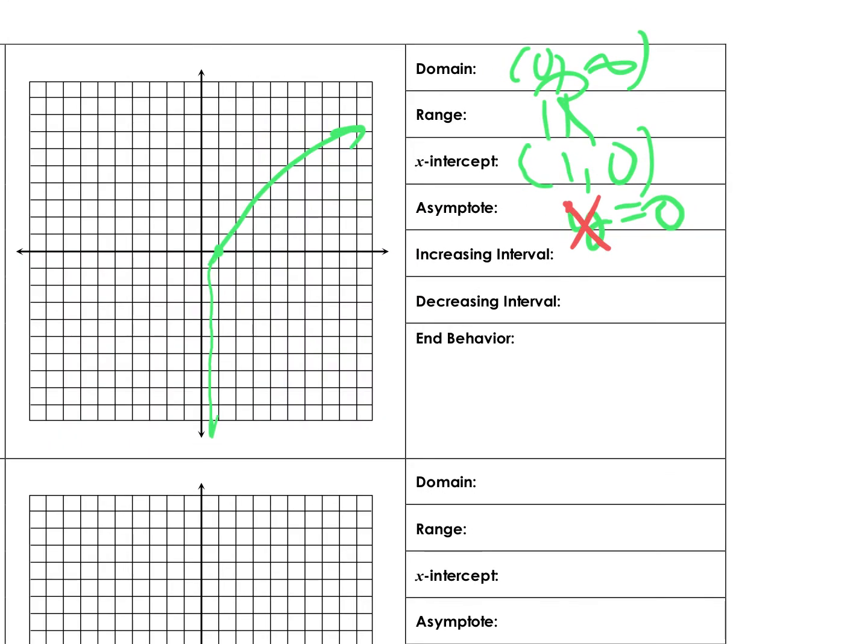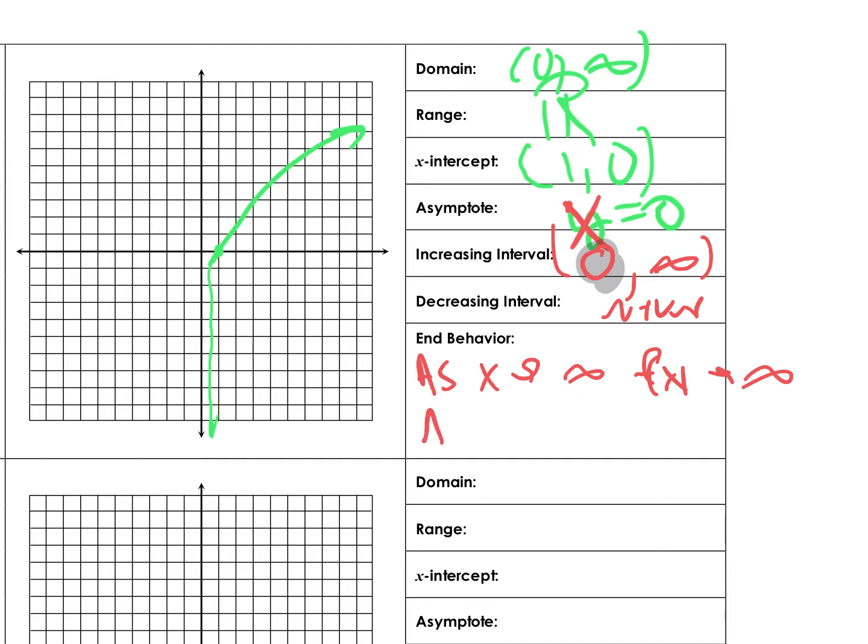Increasing. It's always increasing. From 0 to infinity. Never decreasing. As x approaches infinity, f of x approaches infinity. As x approaches negative infinity to the left, well, again, it never can approach negative infinity.